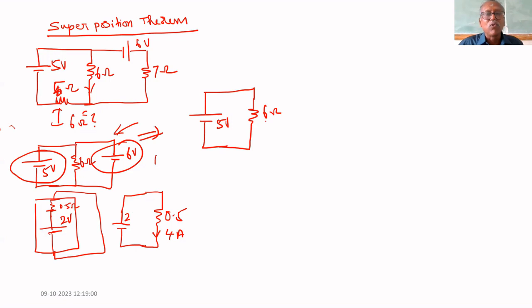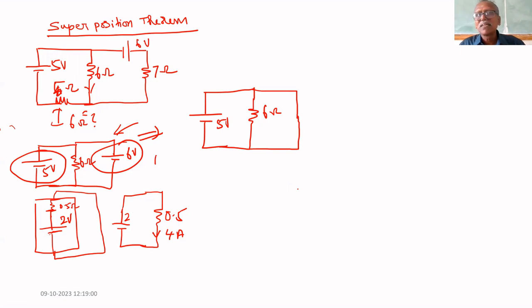I am considering only 5 volt. I am replacing the 6 volt by its internal impedance. What is the internal impedance? 0. That's why I have to short circuit. What is the current through 6 ohm? 0.